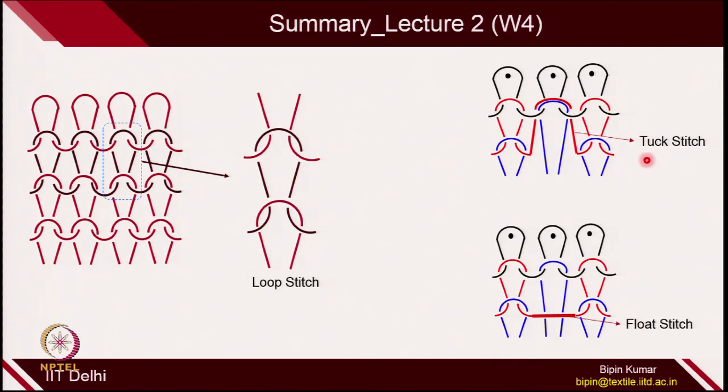For example, in the case of tuck stitch, if you deactivate the clearing cam, the needle does not clear the old loop, but it can catch the new yarn, and this is how you create a tuck stitch. In the case of float stitch, you deactivate the rising cam. Because of that it does not clear the old loop and also does not catch the new yarn, and this is how you create the float stitch.